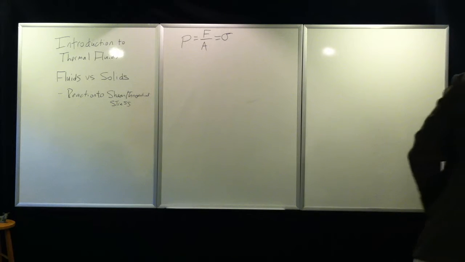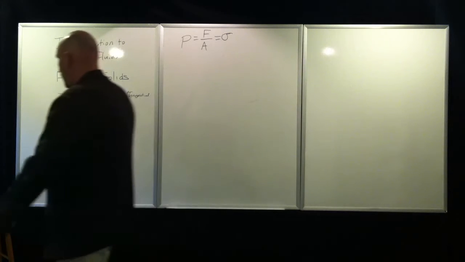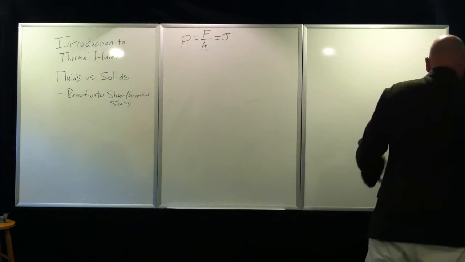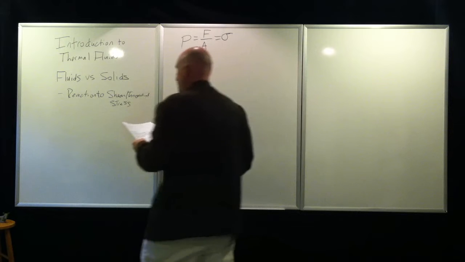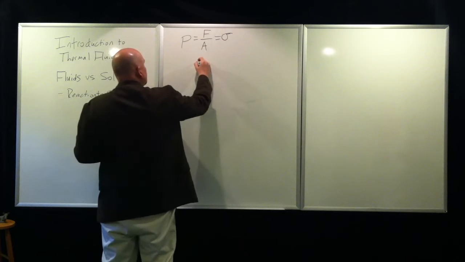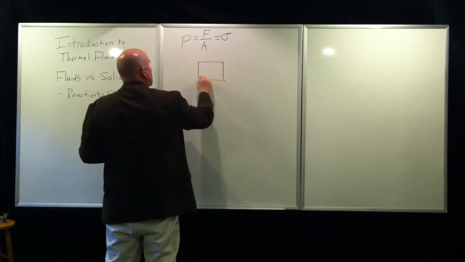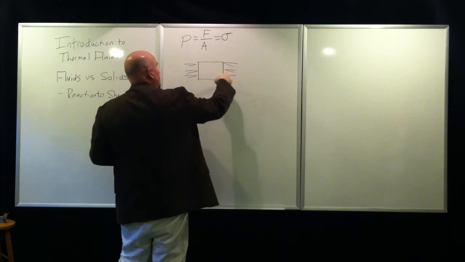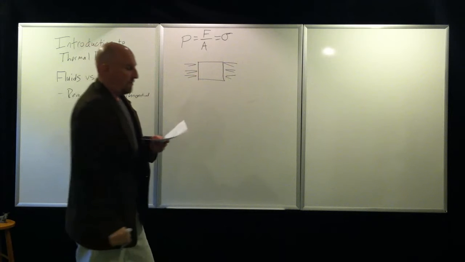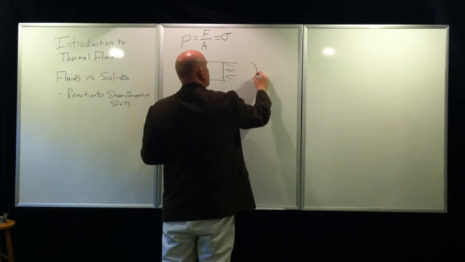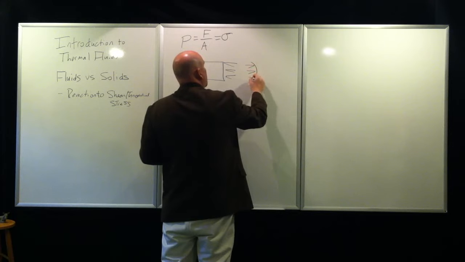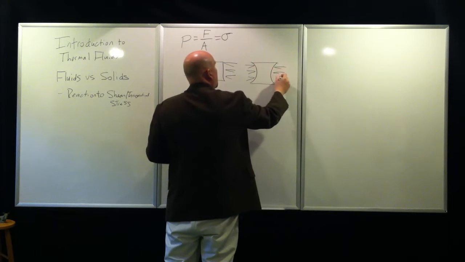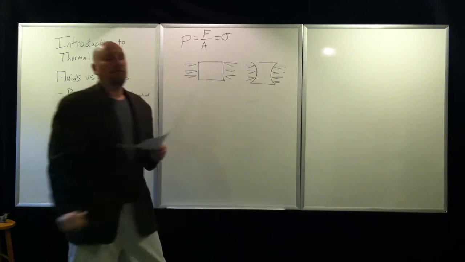We're going to represent this as a drawing on the board. So, we have a square block, and we have the force perpendicular to the area. The result is going to be, depending on the elasticity, but that's going to be for a solid.